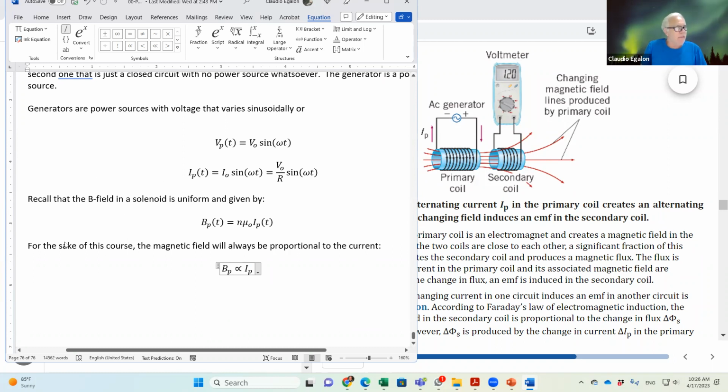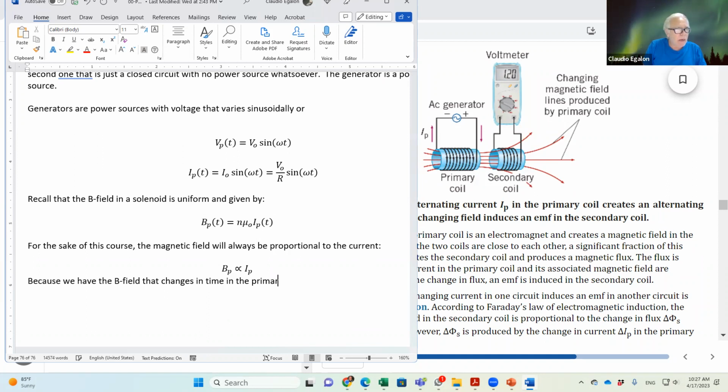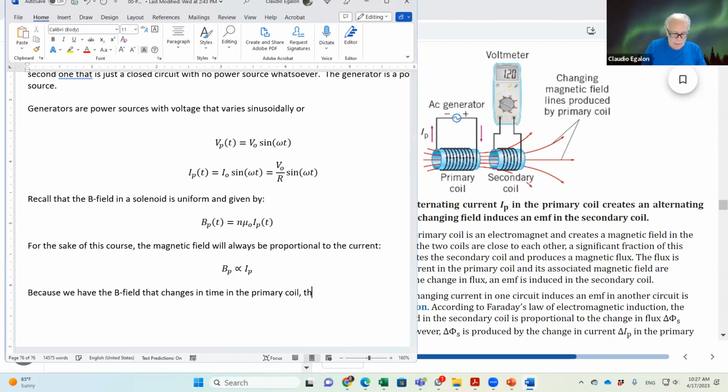Because we have this magnetic field, this B field, that changes in time in the primary coil, the primary coil will induce a current in a secondary coil that is nearby and is not connected to any power source.